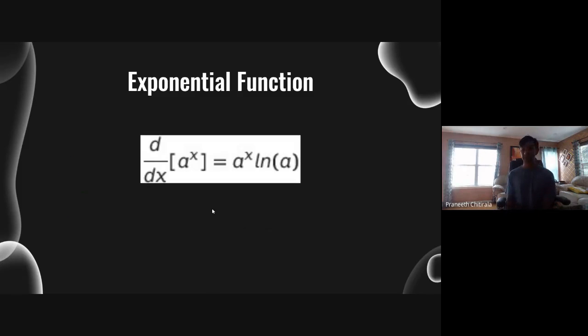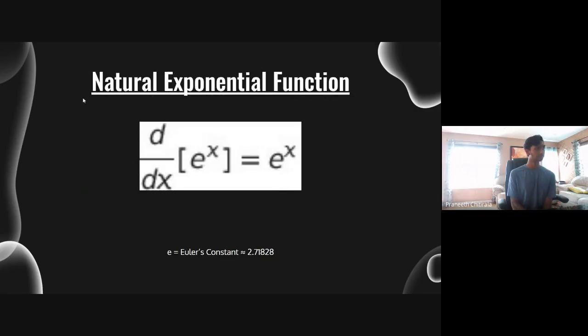Now we have the exponential function, which is a to the x power. The derivative of a to the x power with respect to x is equal to a to the x power times the natural log of a. And the natural exponential function, on the other hand, is just e to the x.